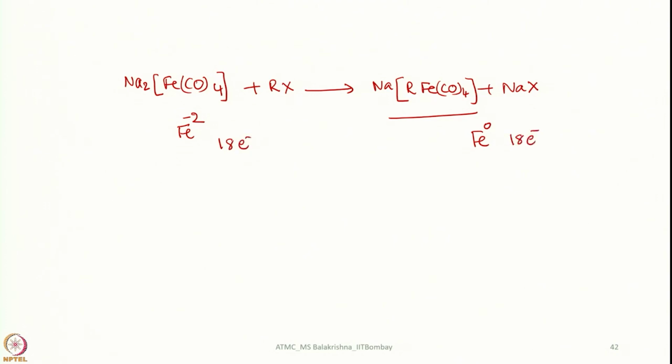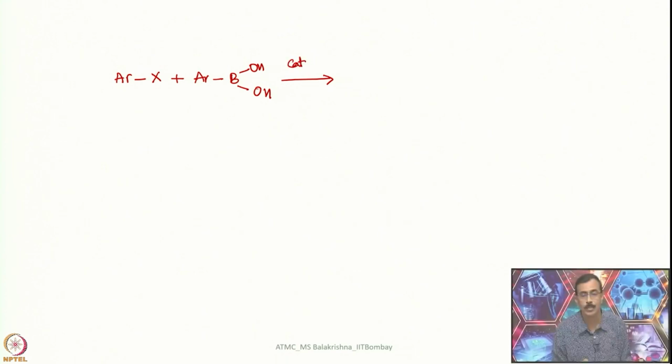Let us try to see catalytically important reactions. Of course, catalyst is needed here. Of course, the moment I write these two substrate molecules and reagent, you know what kind of reaction this is.